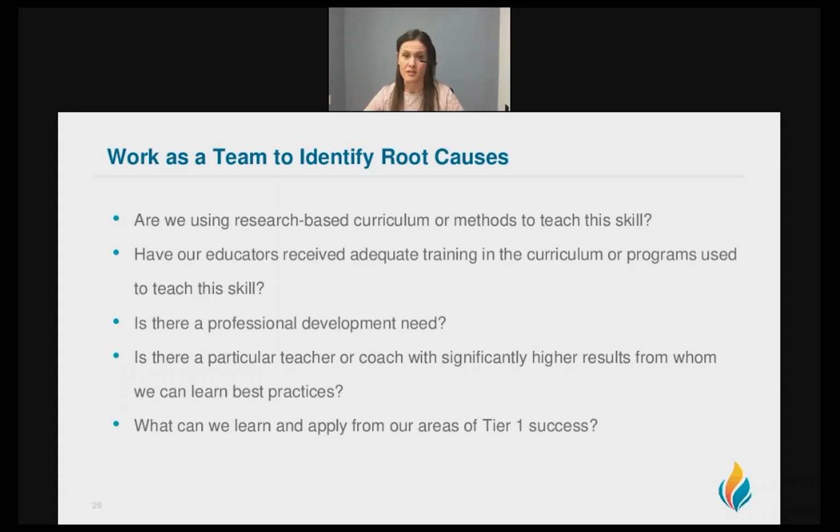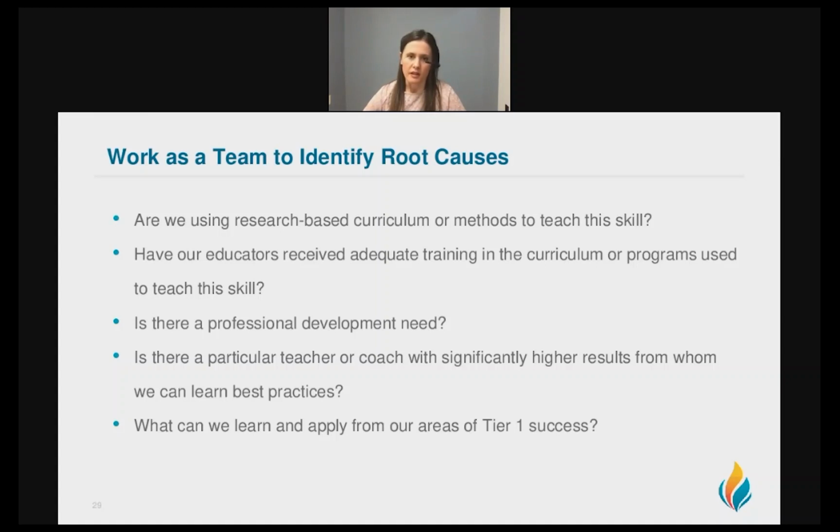Sometimes it's okay for us to admit that we don't know how to handle students who have maybe more mental health needs than previously. So recognizing where we're at and using our data to identify that and say, as a staff, we need to better understand how to support students in their mental health needs. That's another example of professional development.